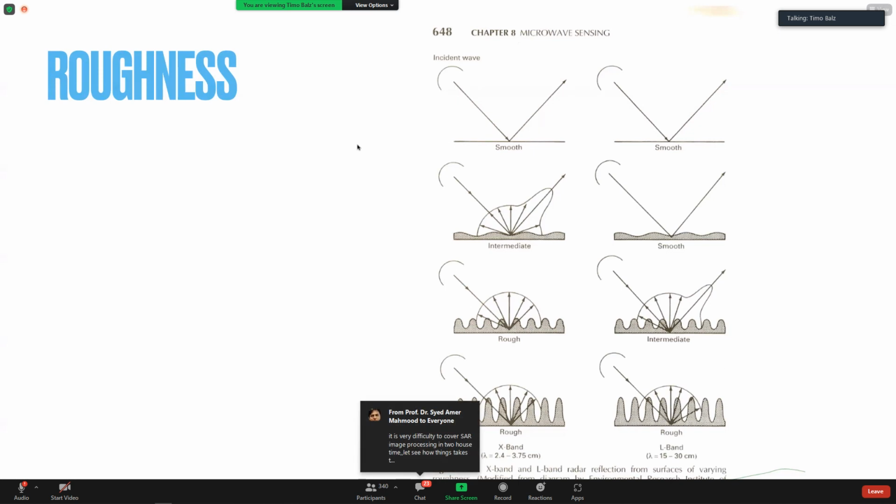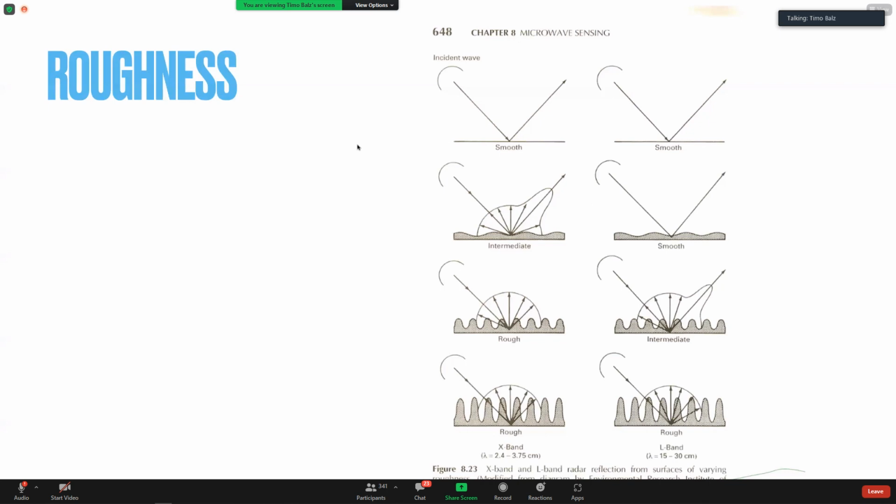So if you have a very short wavelength like X-band on the left side, then something becomes rough with respect to the wavelength much sooner than when you have a 20 centimeter L-band wavelength. So the smoothness and roughness of the surface is to be seen in relation to the wavelength, right?